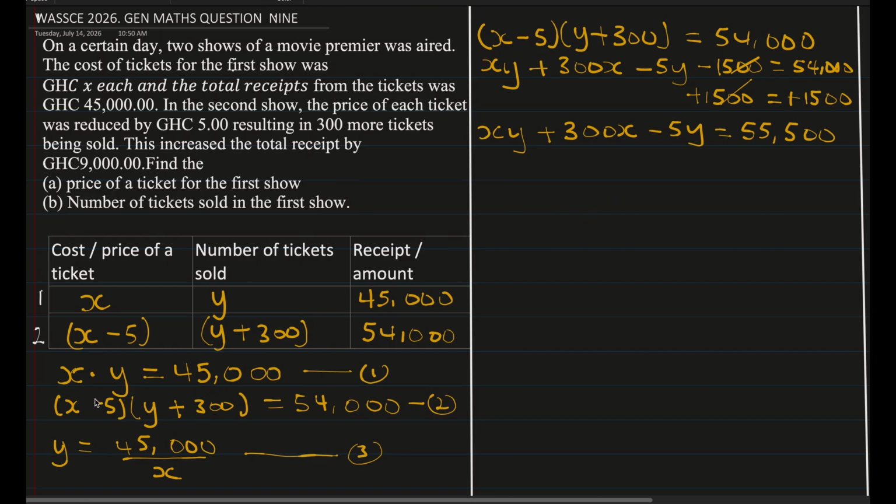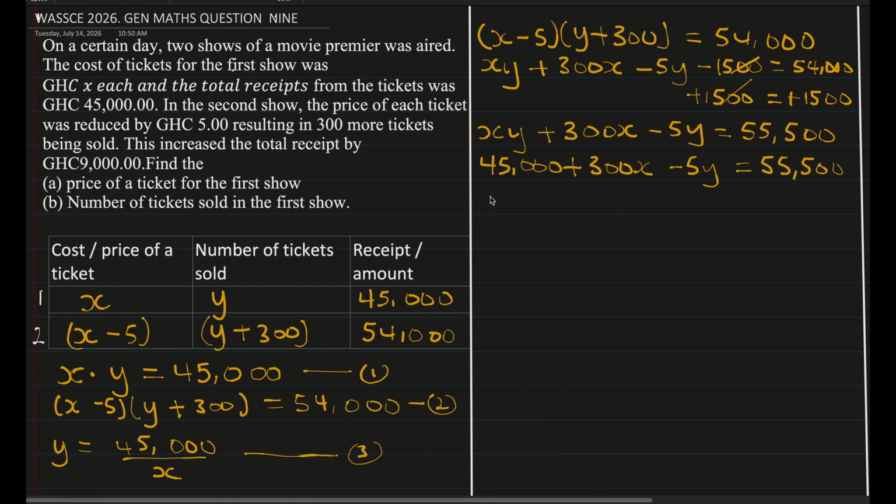All right, now let's continue. Let's come back to equation number 1. With equation 1, we have XY giving us 45,000, and here also we have XY. So let's do the substitution. Let's put 45,000 here because it's also the same as XY. So 45,000 plus 300X minus 5Y is equal to 55,500.